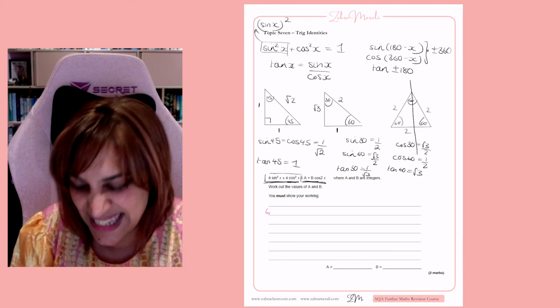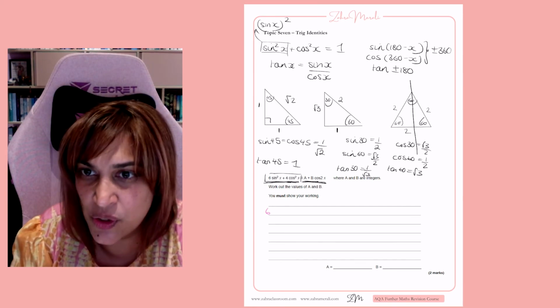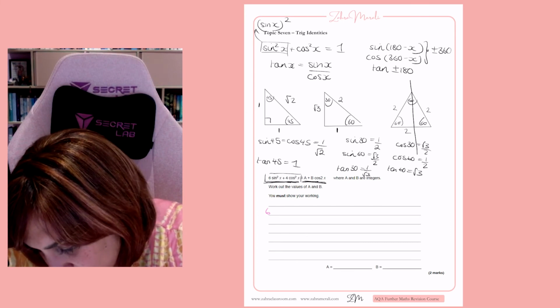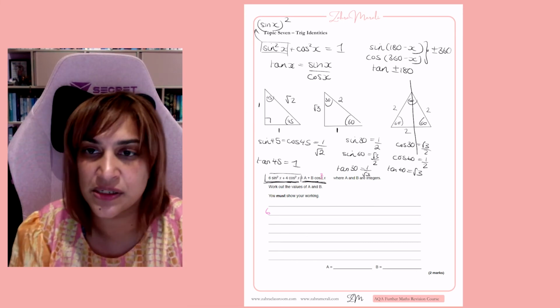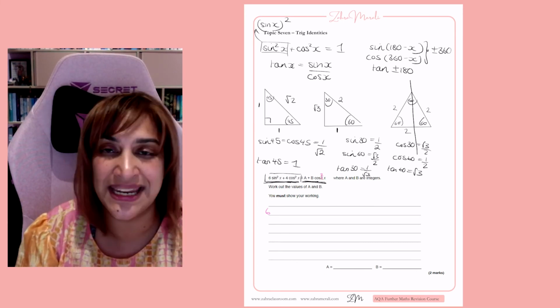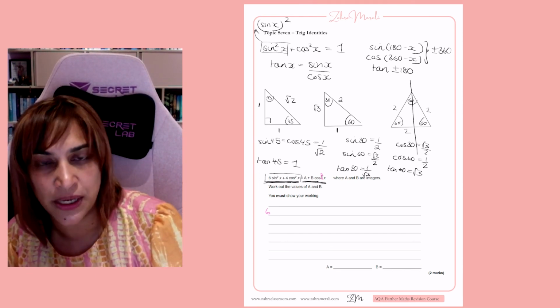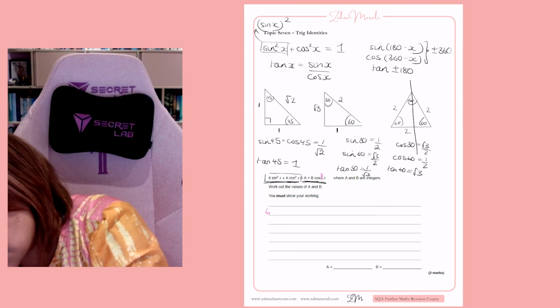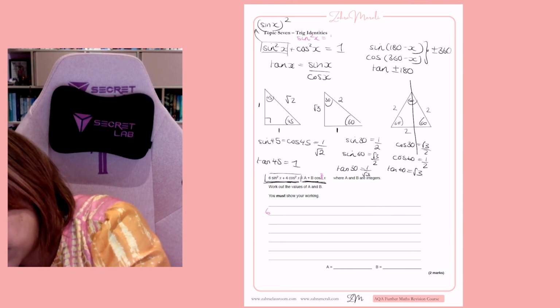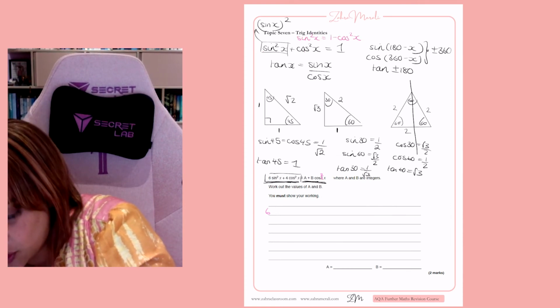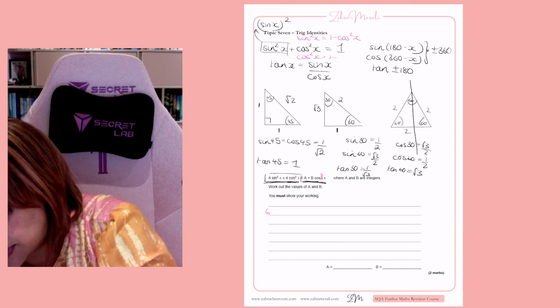We can see that we don't want any sines. This is, by the way, not a 2, this is a square that's printed very nicely. So we look at our rule. We know that sine squared plus cos squared is 1. So that tells us sine squared is 1 minus cos squared, and cos squared is 1 minus sine squared.